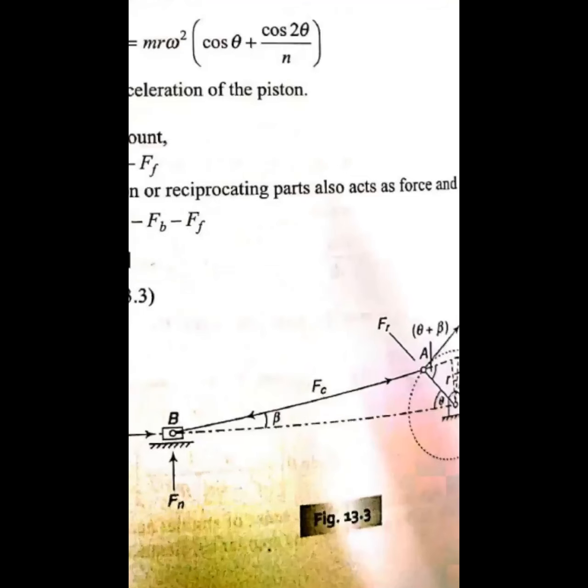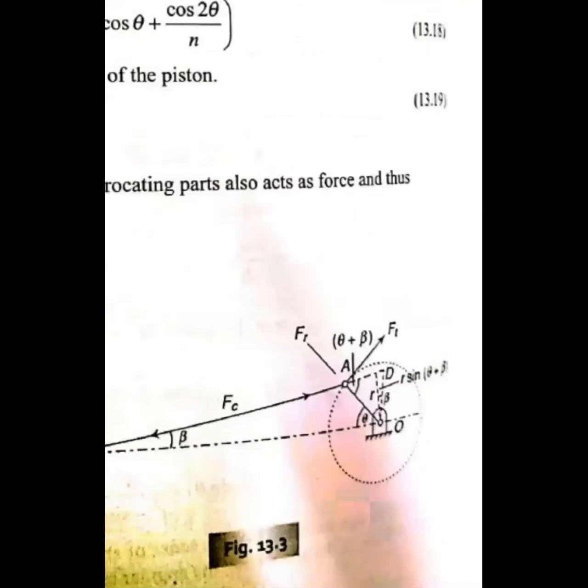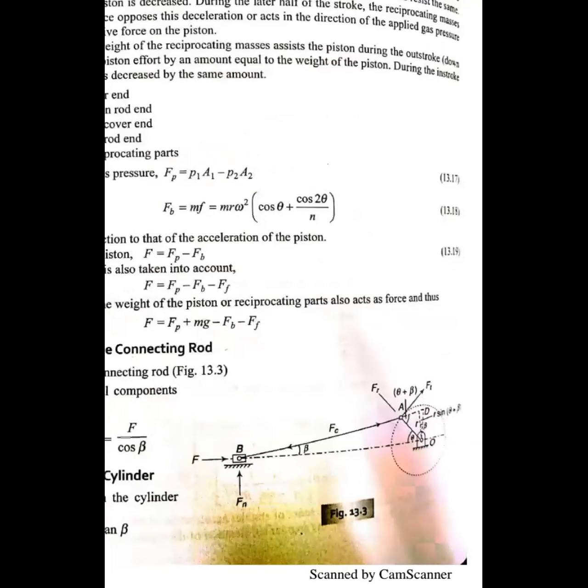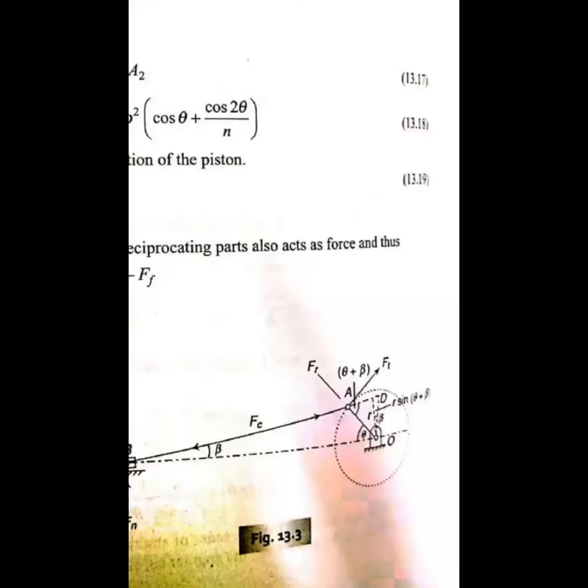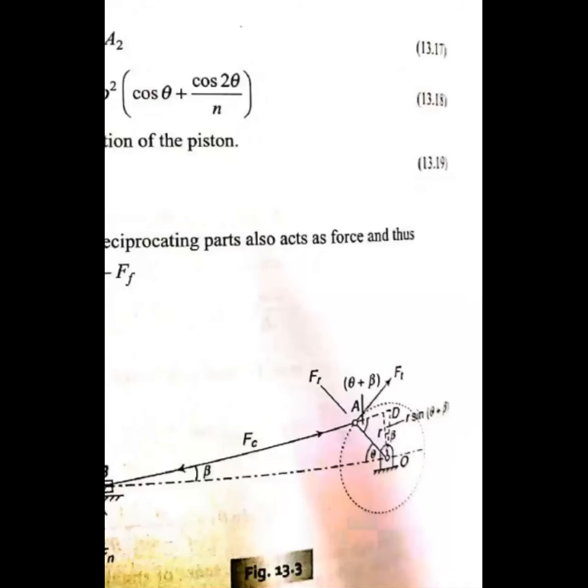The angle at point A is theta plus beta.